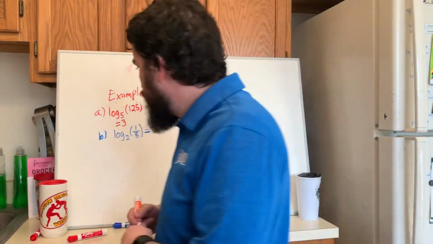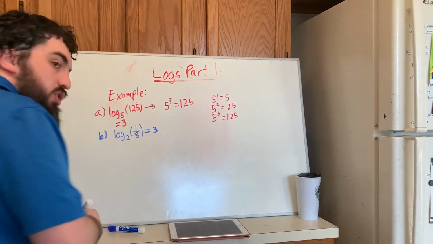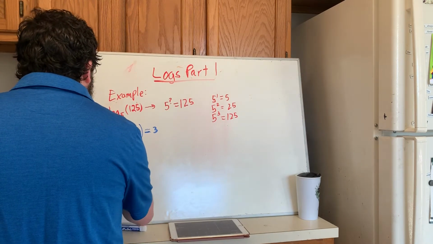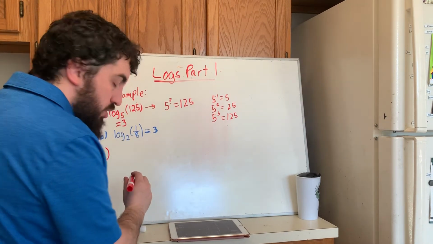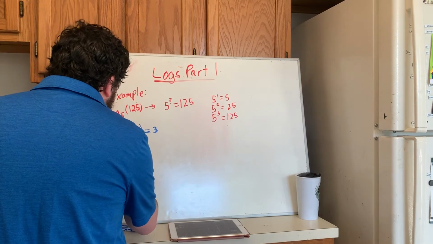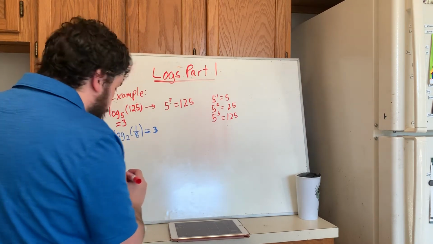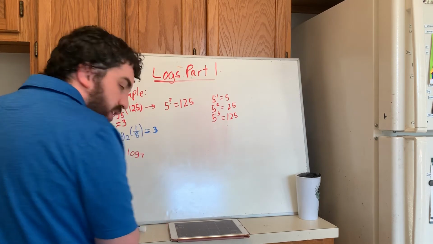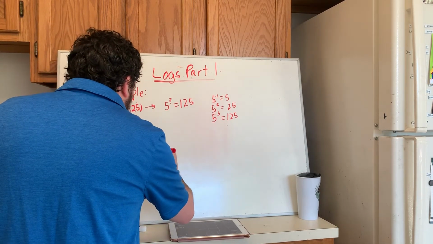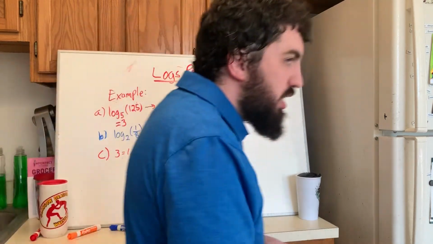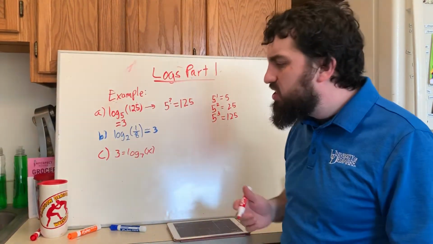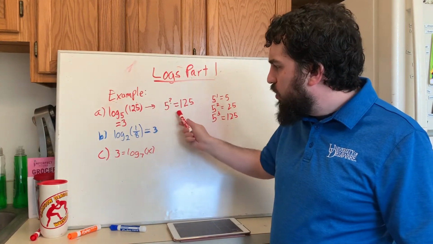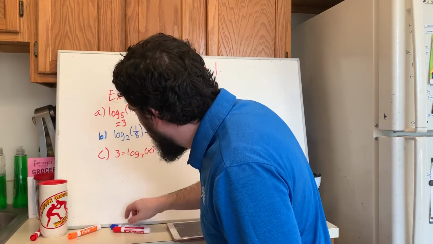So the first one of those, this is example C in your notes, says 3 is equal to log base 7 of x. Now, since the x is inside the log function, what I want to do is a rewrite like this.